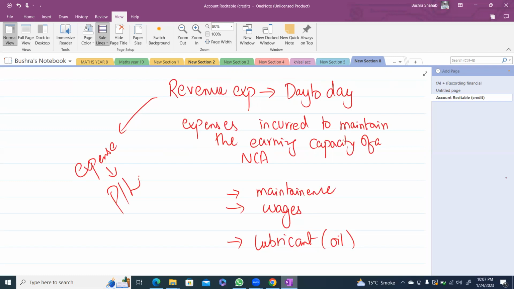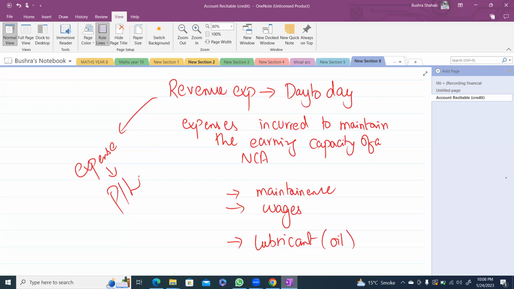Capital expenditure is also the expenditure that increases the life of a non-current asset. If you are upgrading it, the life of the machine will increase. But all the capital expenditure that is incurred will be added to the cost of an asset, because that is related to that specific asset.